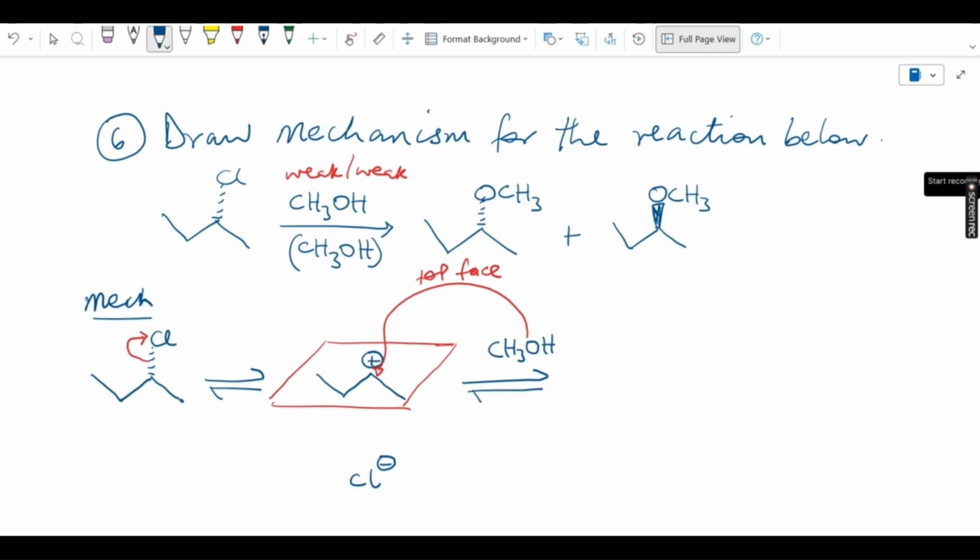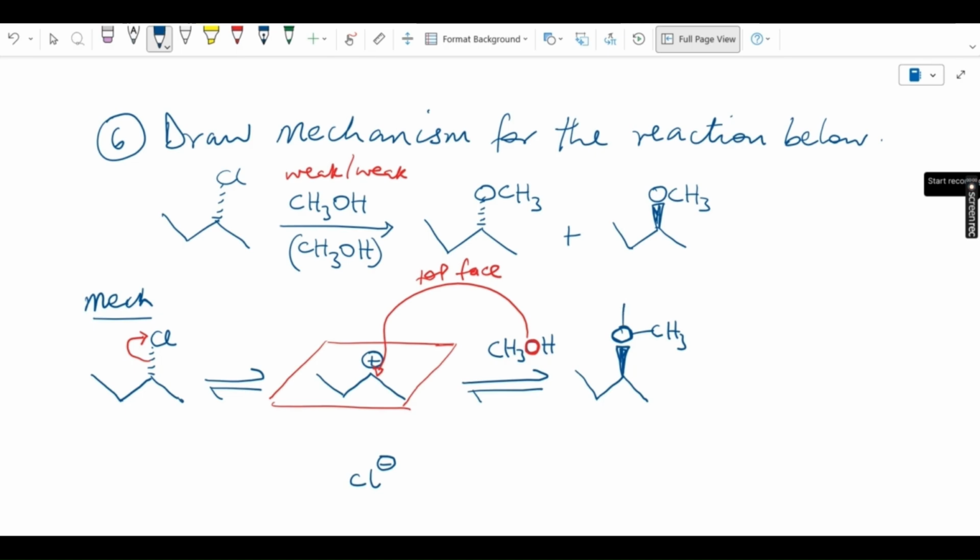So because this nucleophile approaches the carbocation intermediate from the top face, we'll place it on a wedge bond. And since it's the oxygen that attacks that carbon, the oxygen is what we will draw next to that carbon.